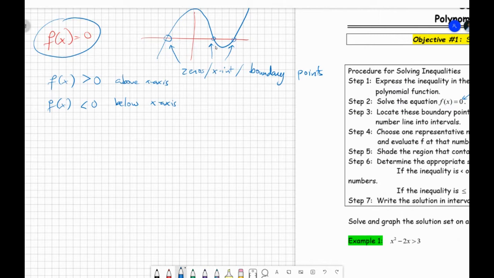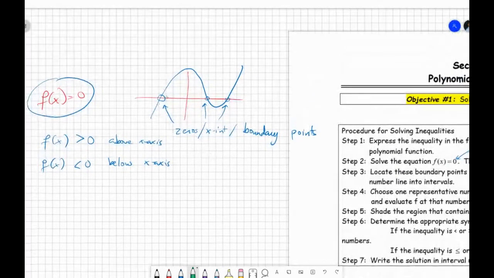The reason why it's called a boundary point is that these are the endpoints of where the graph is above or below the x-axis. As you can see here, these 2 points right here are the boundary points for when f of x is above the x-axis. And so also this portion right here. So the green portion, I'm going to underline here, is the portion of the graph that is above the x-axis.